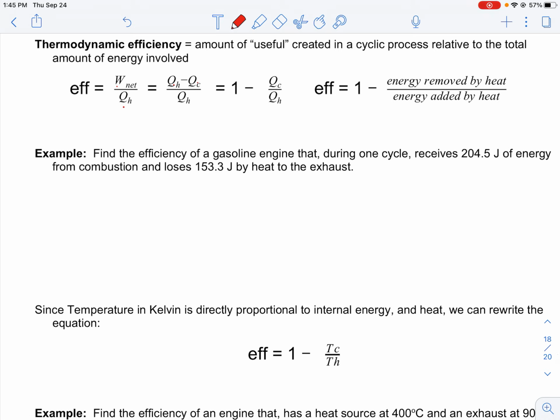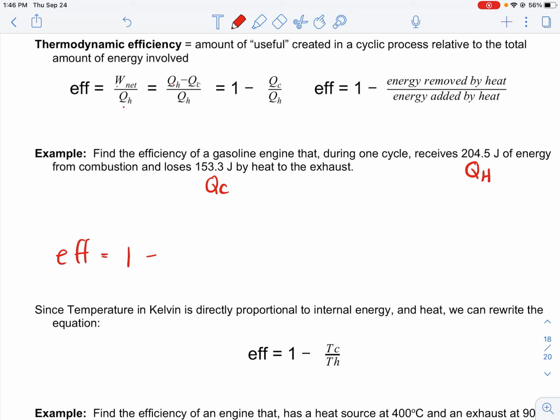Find the efficiency of a gasoline engine that, during one cycle, receives 204.5 joules of energy from combustion. Okay, so this is a different way of saying QH, the heat received from the burning, or the combustion, and loses 153.3 joules of heat to the exhaust. So the exhaust is the heat sink, sometimes called the cold reservoir, even though it might not actually be cold to us.